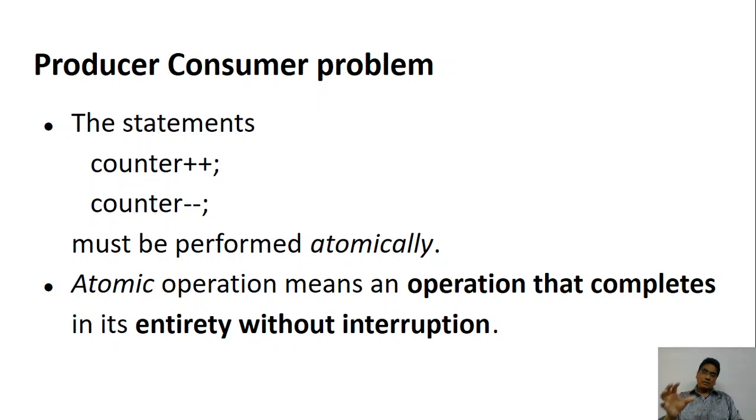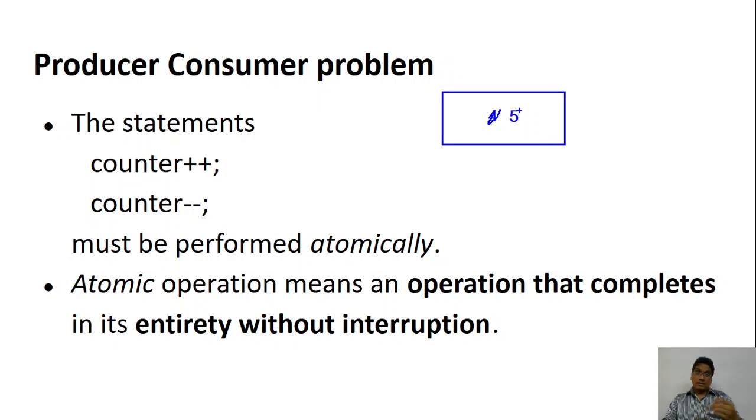When you are incrementing the counter, until the counter is incremented, others are not supposed to read the value. The counter is shared data between the two processes. Until the value changes from 4 to 5, others are not supposed to read it. In the same way, if you are decrementing it, until the whole decrement takes place, the other process is not supposed to disturb it.